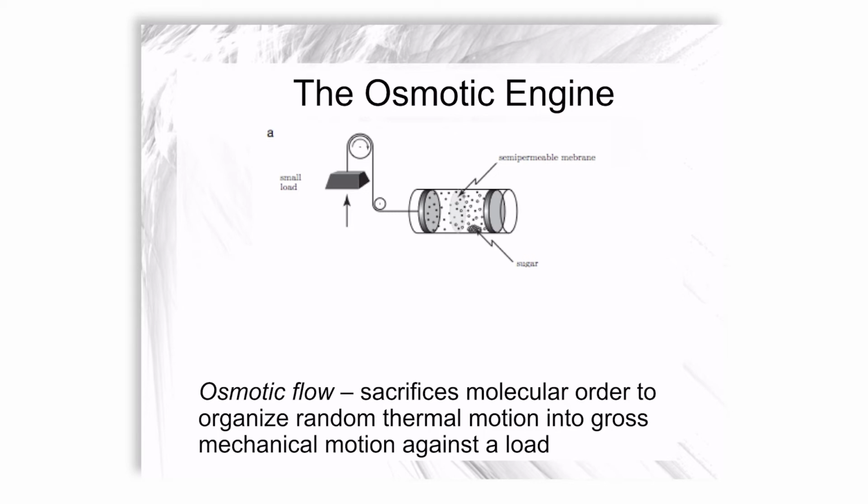The left side piston is connected via a pulley system to a small mass which can be lowered or raised in height. Since these pistons are frictionless, their movement is not hindered by anything. It's an ideal thought experiment.